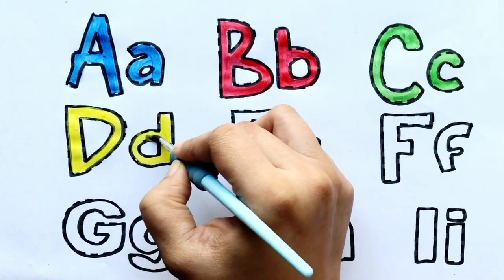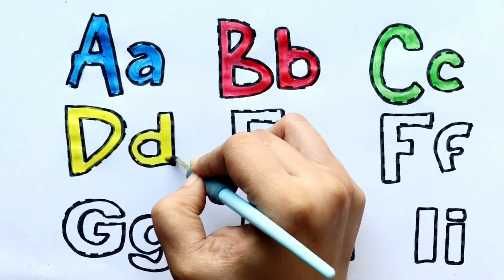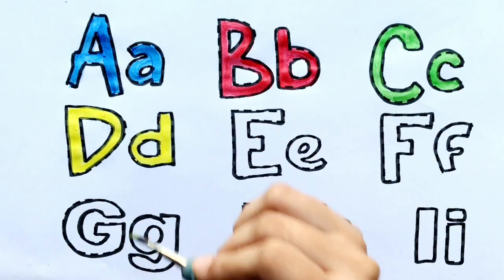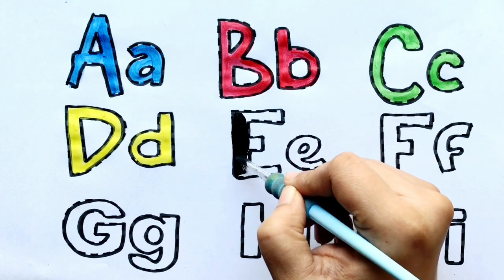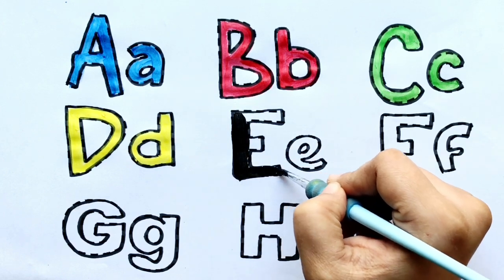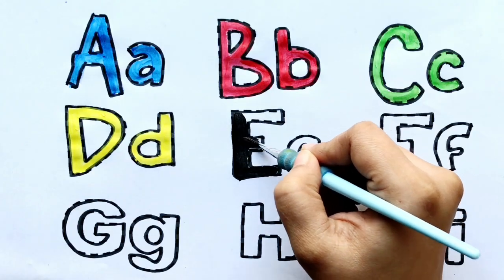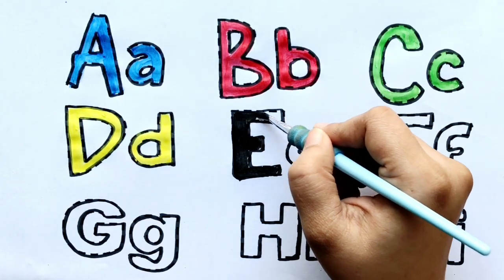A B C D E F G H I J K L M N O P Q R S. Black color. T U. Capital letter E. E for elephant. Y and Z. Now I know my ABCs.